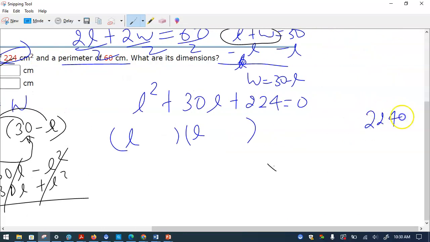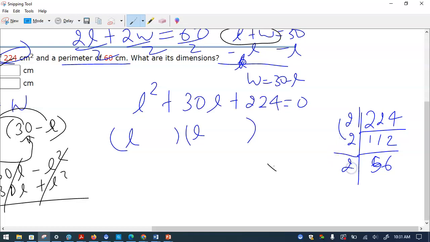So 224, what I would do is I'll just check, start with 2 and you say, okay, 2 divides to 112. Again, 2 divides this as 56. Now this is 4, 4 and 56 won't help, so I'll do another 2 maybe.